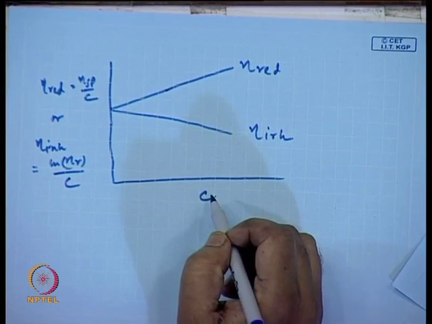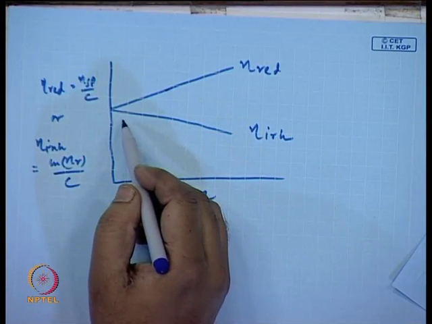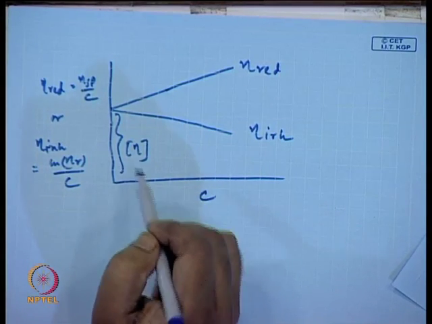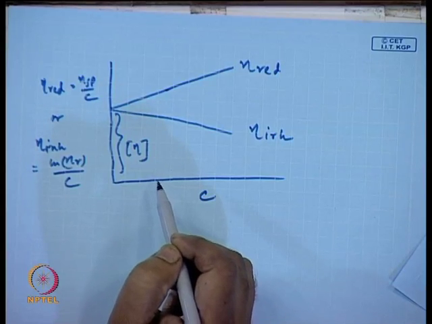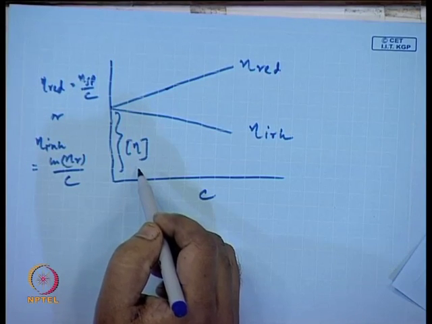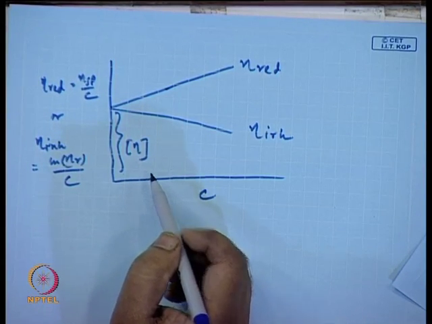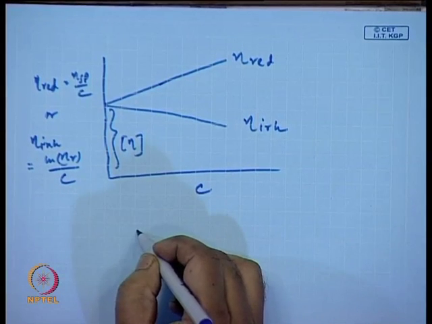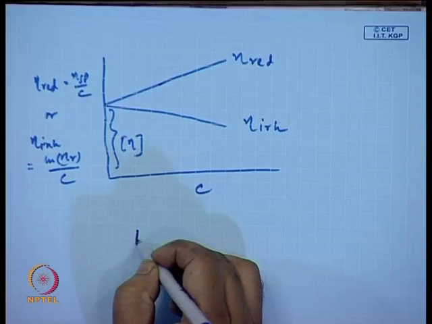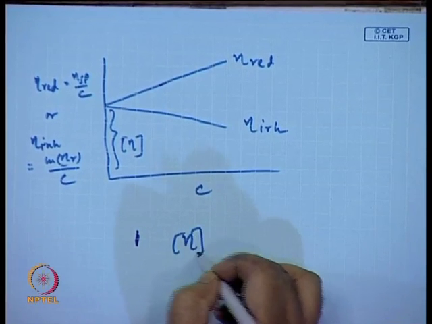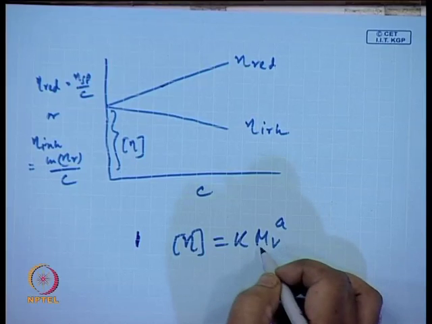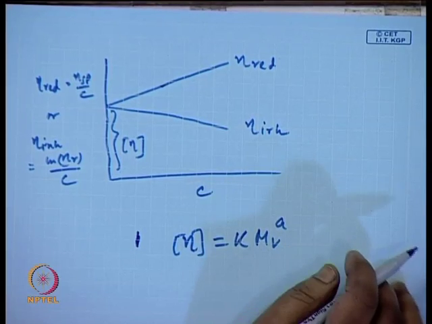So, from this you can get the value of the intrinsic viscosity. Okay. So, in summary, we know the Mark-Houwink equation, where the Mv expression we have seen.